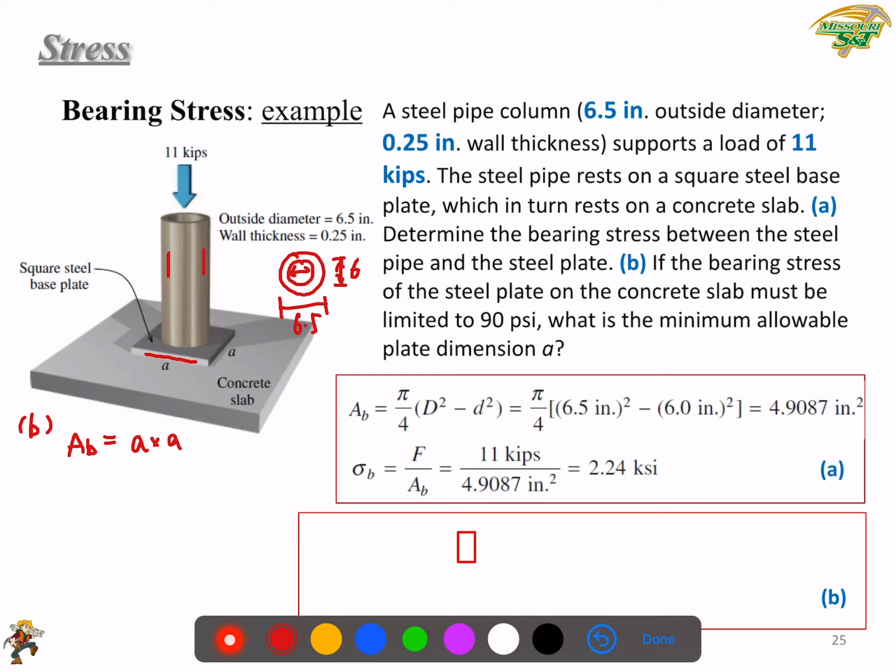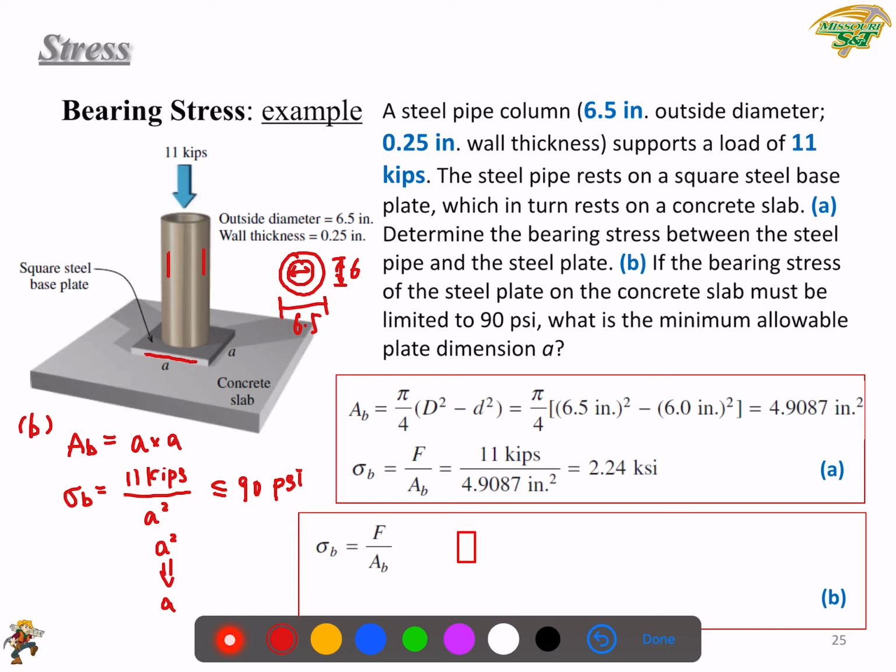So the bearing stress can be calculated as 11 kips over A square. Since we know that the limit of this stress is 90 psi, this would be not higher than 90 psi. Then you can calculate the A square and then A. So this is the pathway.